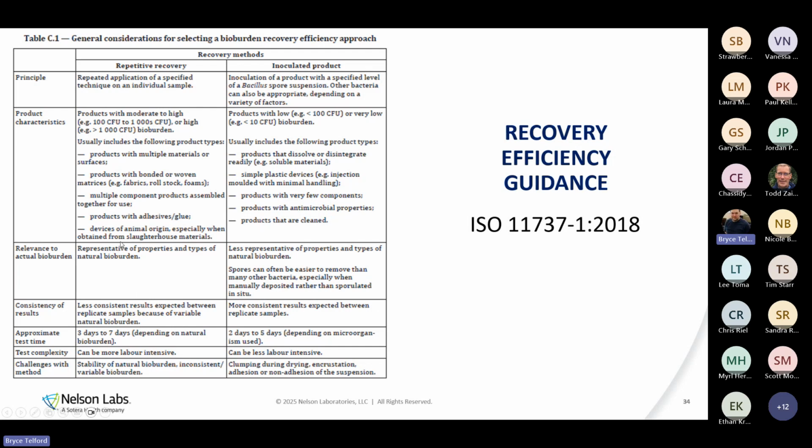If I'm doing a repetitive recovery efficiency, probably by the time I get to my 4th repetition, I don't have a paper backer card anymore. I have a pile of paper pulp. So that might be a situation where the nature of the product itself is actually dictating me to do an inoculated recovery efficiency.